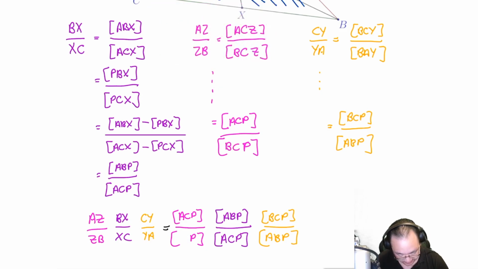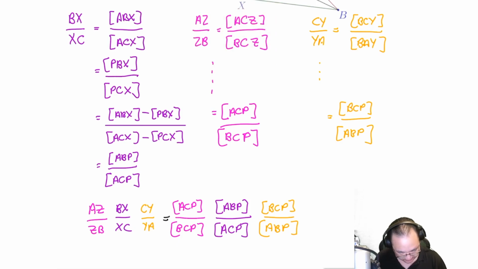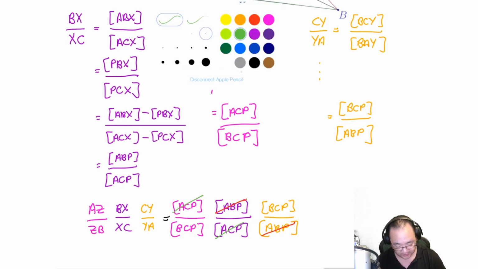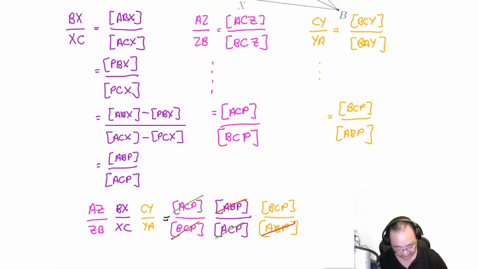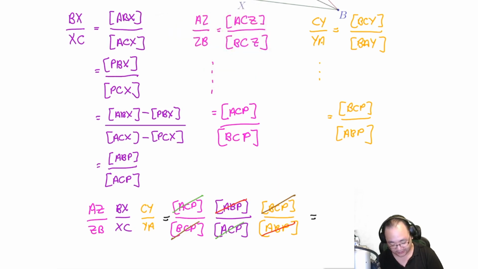That's BCP over ABP, and then the first one is ABP over ACP. I knew there was something not quite right. So what's happening here now is that I'm just trying to figure out how to cancel them all out. But you probably noticed the doubles now. So you can see the ABP is over here. So ACP crosses out here, and then BCP crosses out here. And as a result, that's going to be equal to 1.